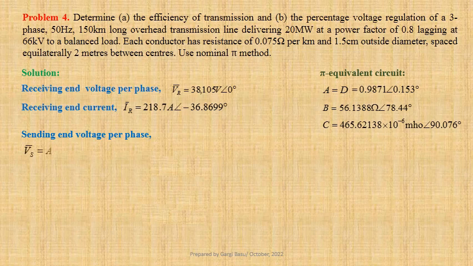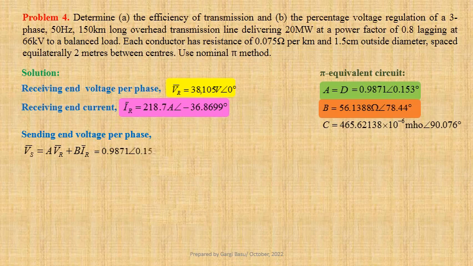Let us now calculate sending end voltage per phase. Vs equals A times VR plus B times IR. Using values we get 0.9871 ∠0.153° × 38,105 ∠0° + 56.1388 ∠78.44° × 218.7 ∠-36.8699°.